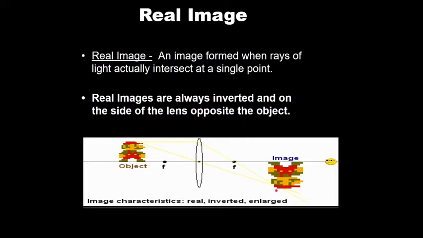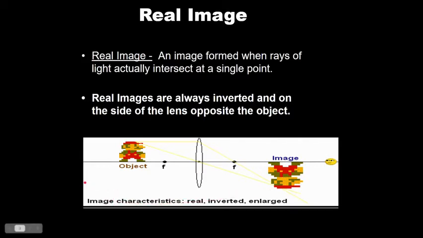Now, we see Mario inverted. So one way you can always remember how to draw your image is that the base of the object is on the principal axis. So the base of the image will also need to be on the principal axis.